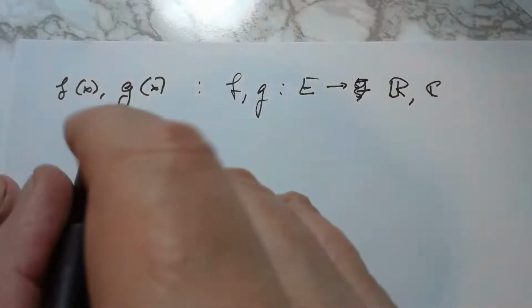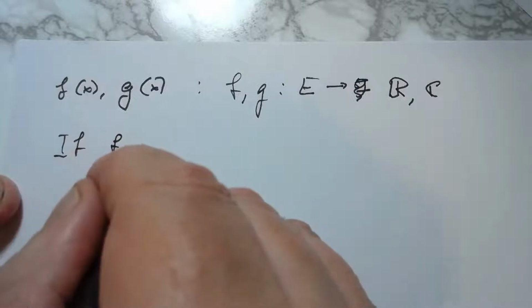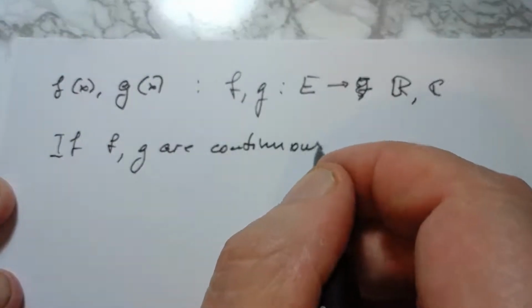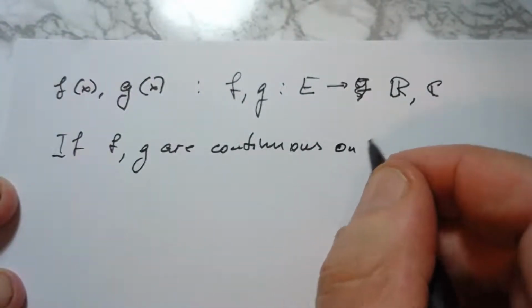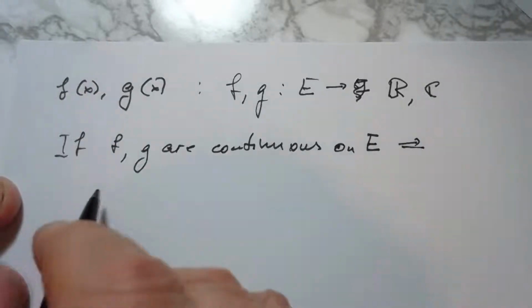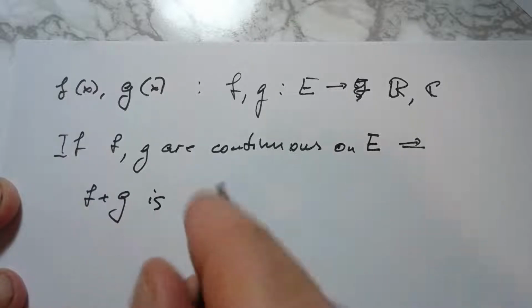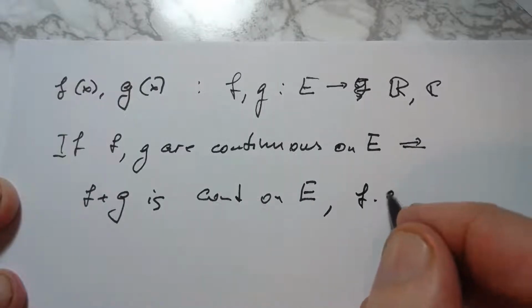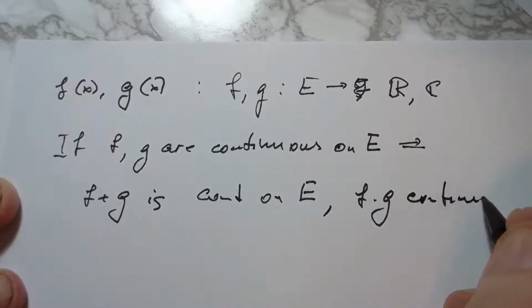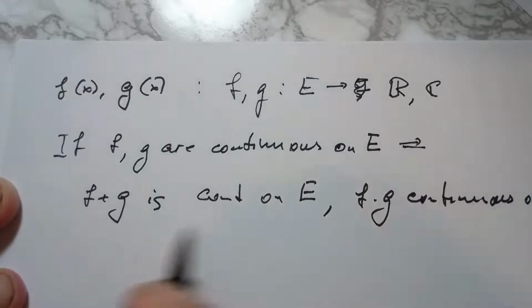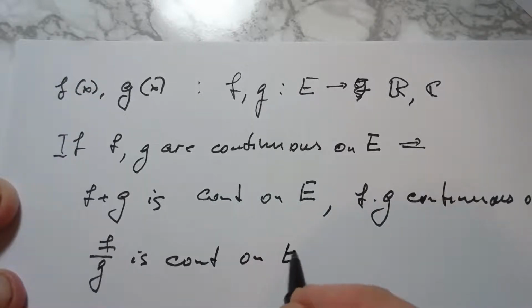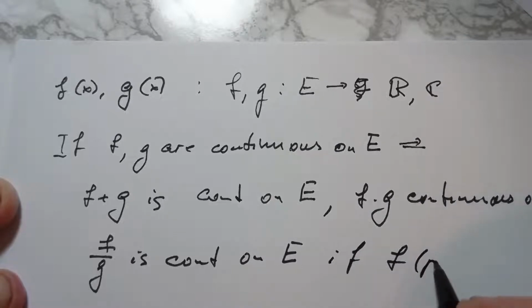Well, in that case, if f and g are continuous on E, then f plus g is continuous on E. F times g is also continuous on E. And finally, f over g is continuous on E if g of p is not equal to 0 for any point p in E.